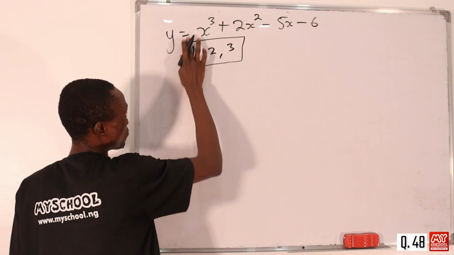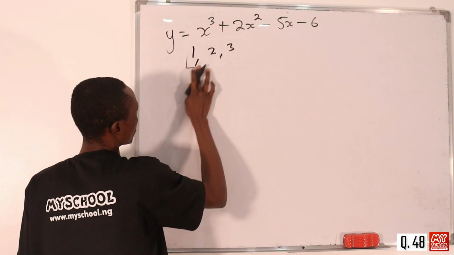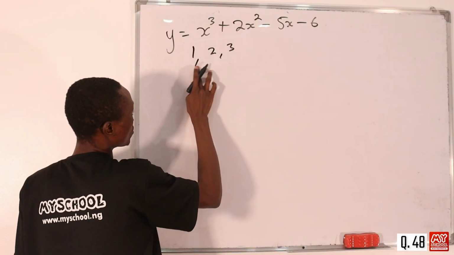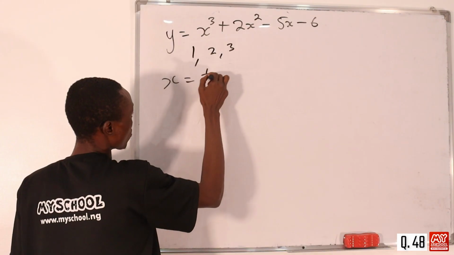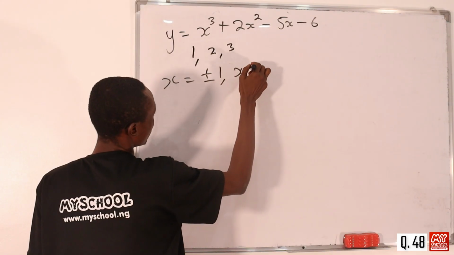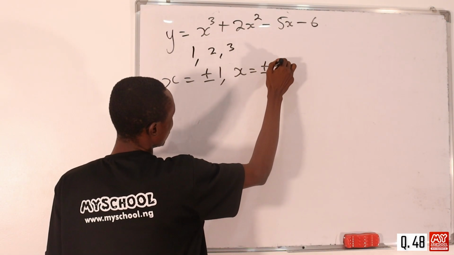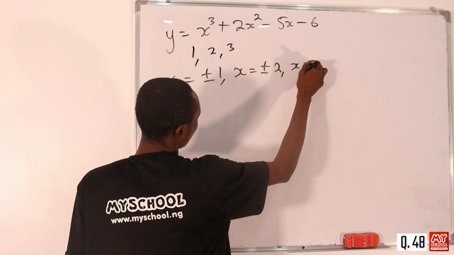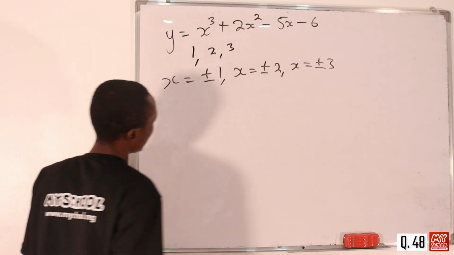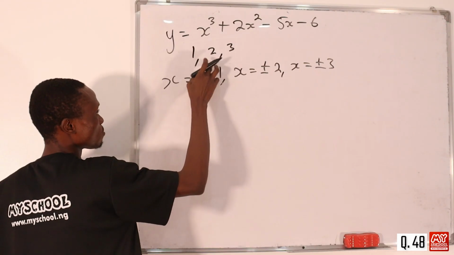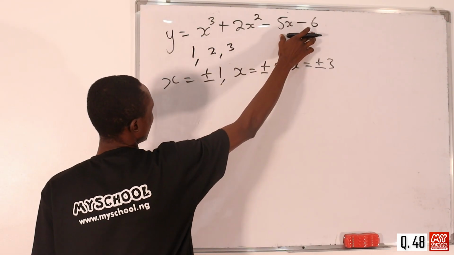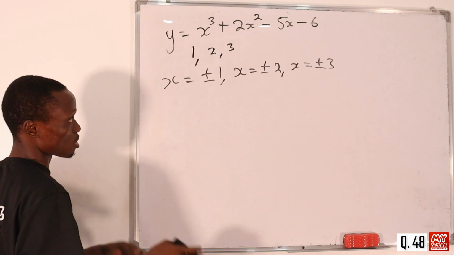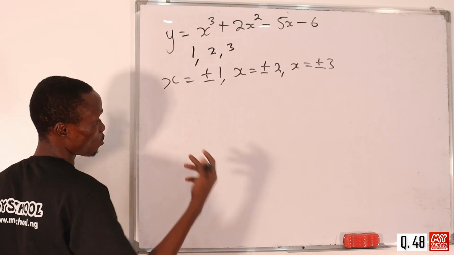So let's go with the first 3 values. We are going to assume that s is equal to plus or minus 1, plus or minus 2, and plus or minus 3. So we just carry any of these values and substitute it into this equation. Anyone that gives us 0 means that that is the value of x.